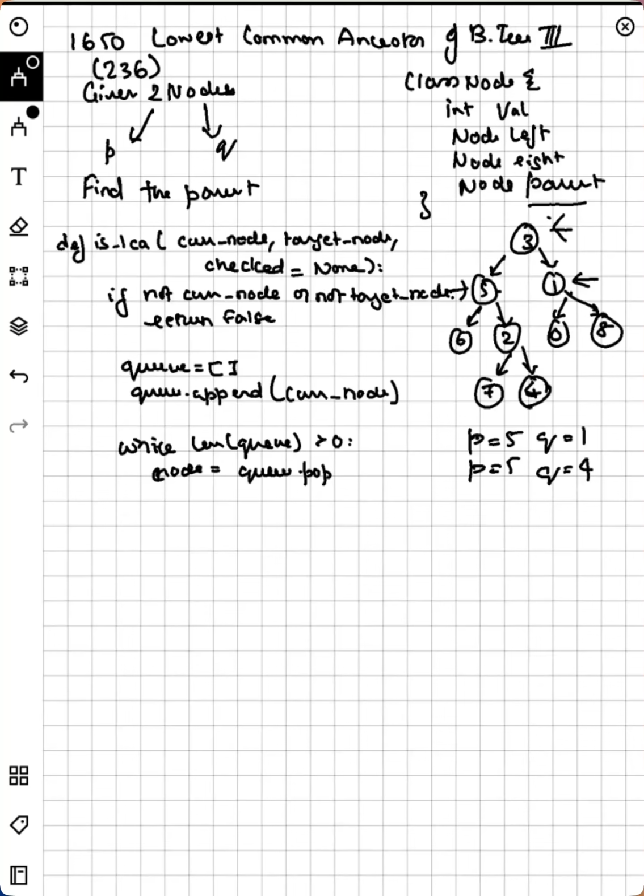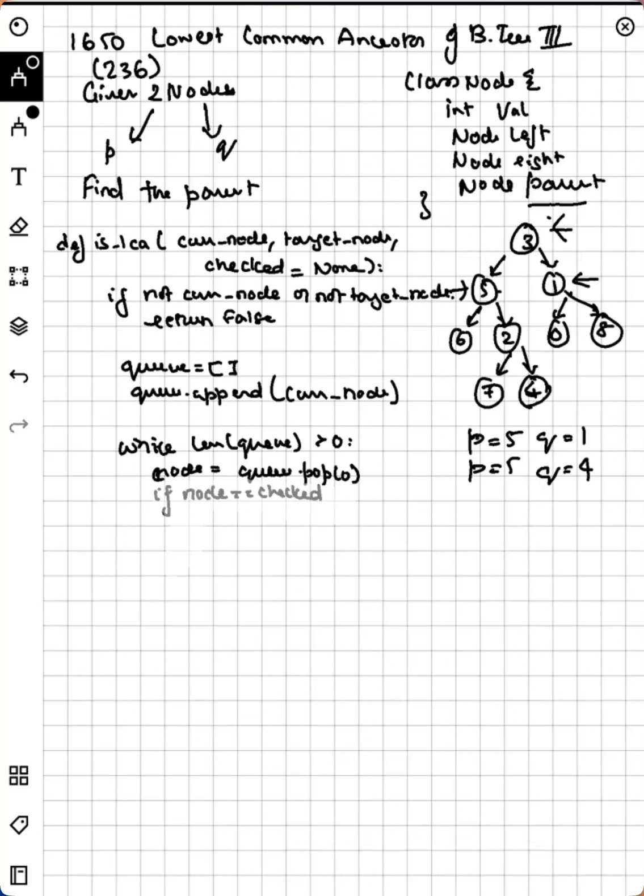I get that. And then if this node is equal to checked, so here we are checking for the exact instance. To be super safe, what we can do is check for the value. So we can say if node dot val is equal to checked dot val, that means starting from here I came to one of its children.